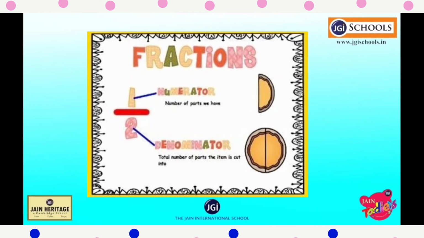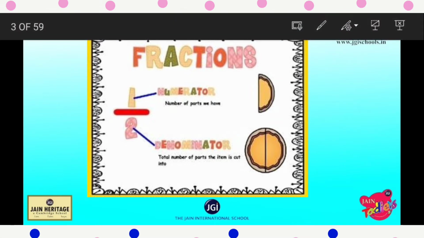Now what are fractions? How do you write the fractions? Okay, so there are two terms mainly involved in the fraction, that is numerator and the denominator. The number above the fraction bar, see this line is known as fraction bar.